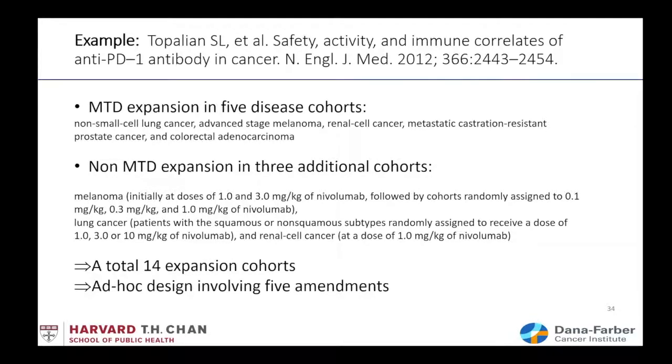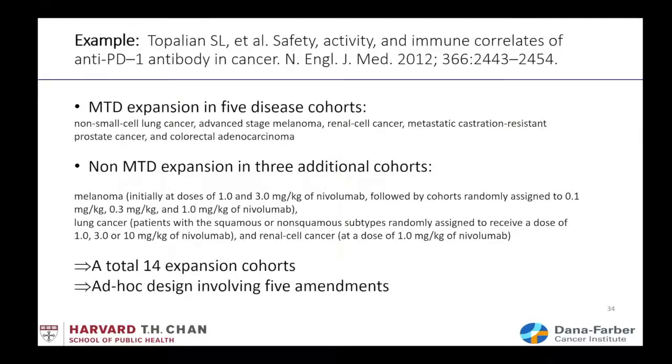Later on, 2 of those additional cohorts were amended to become a randomized 2-arm study comparing 2 dosing levels. You can see in the melanoma cohort, patients were randomly assigned to 2 dose levels, and lung cancer too. So this phase 1 study ended up with a total of 14 expansion cohorts and ad hoc designs involving 5 amendments.